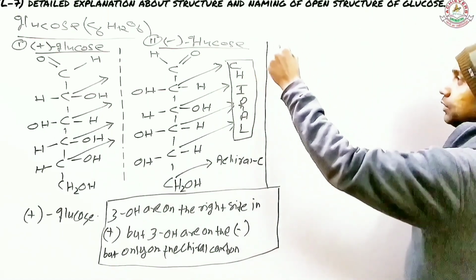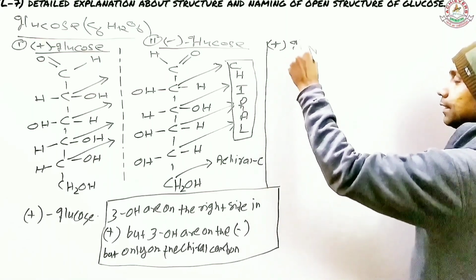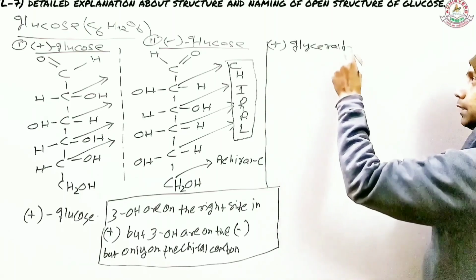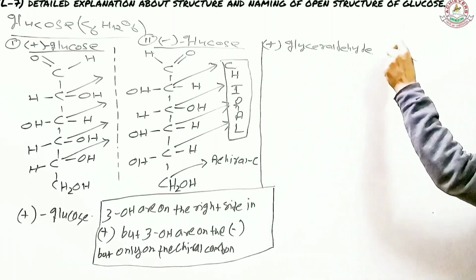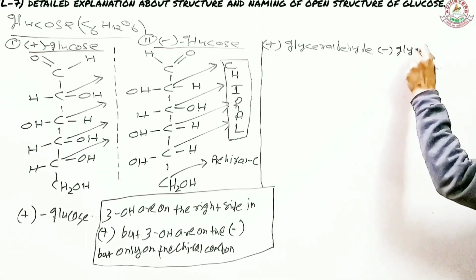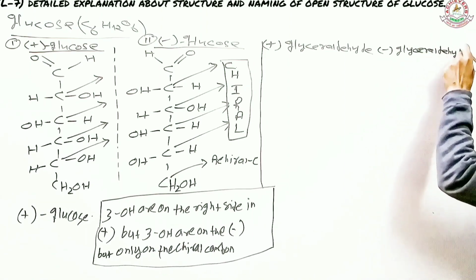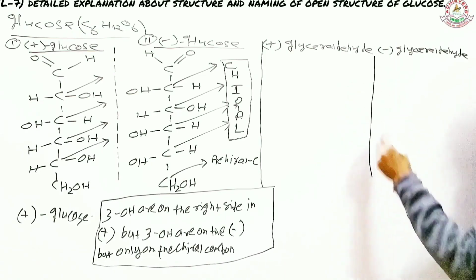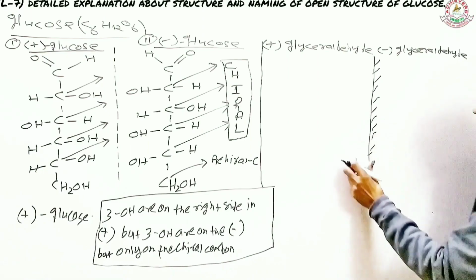Now there is something else I need to explain to you. There is a compound which is called dextrorotatory glyceraldehyde. And there is another one which is called levorotatory glyceraldehyde. Okay, now I am placing a mirror here because I will be looking for that.